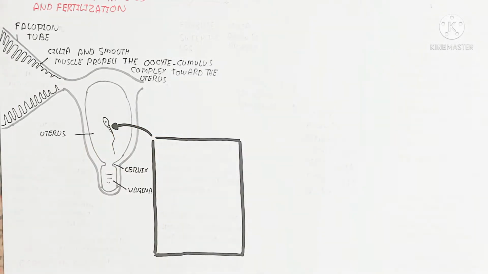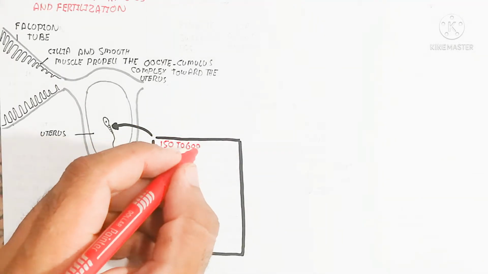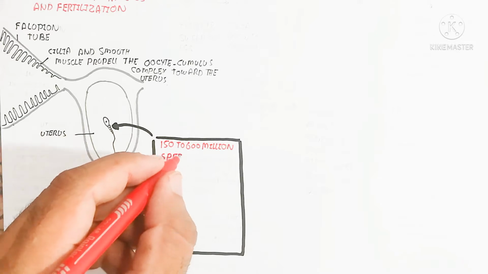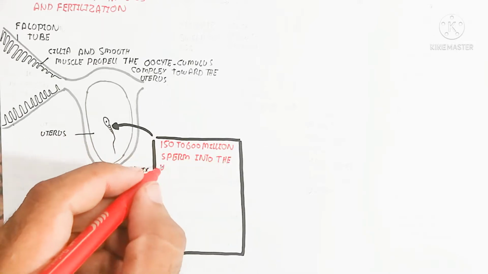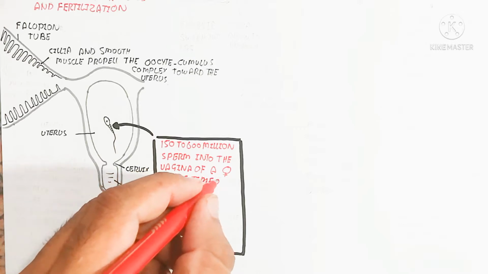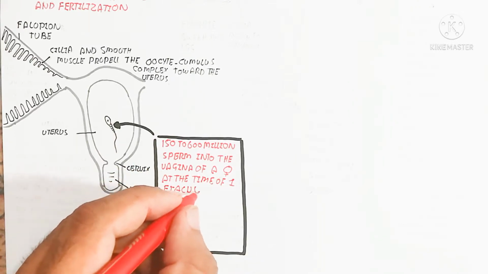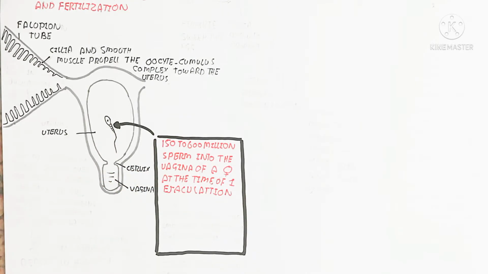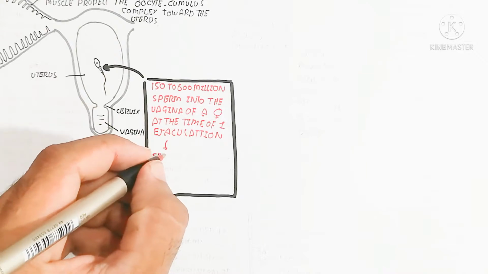Here is the sperm. We will discuss first the 150 to 600 million sperm deposited into the vagina of a female at the time of one ejaculation, and sperm reach the ampullary portion of the fallopian tube.